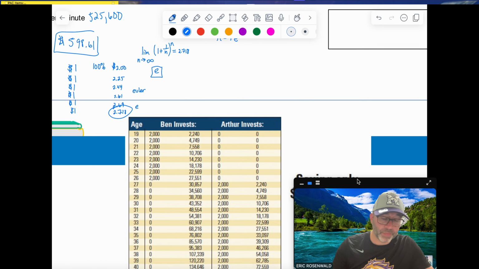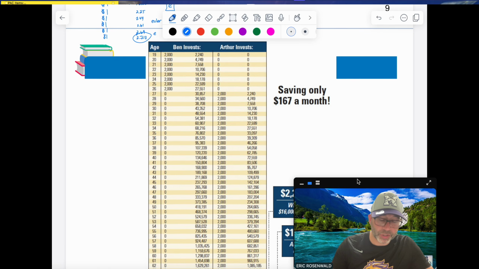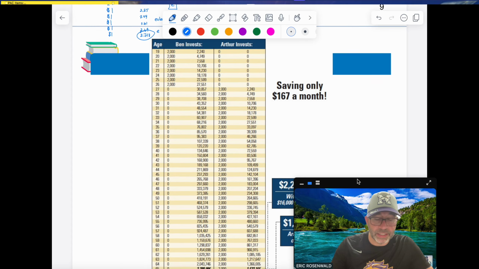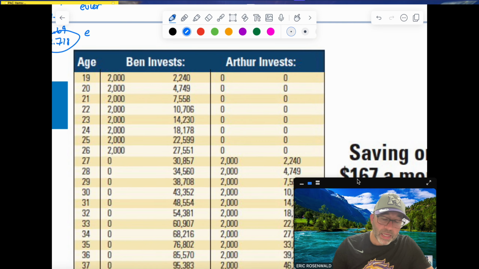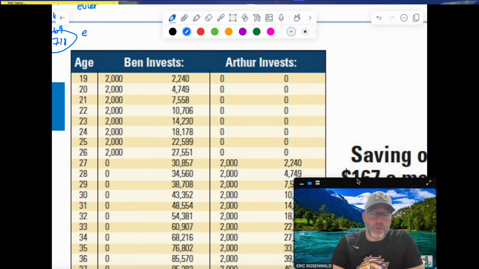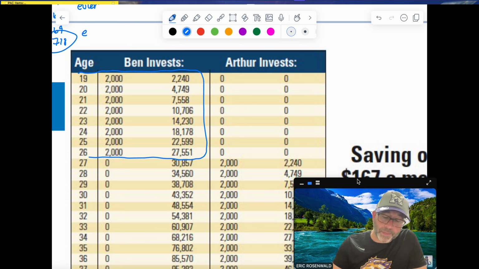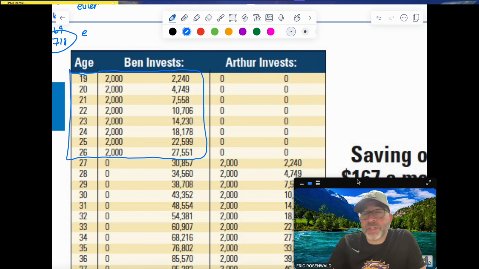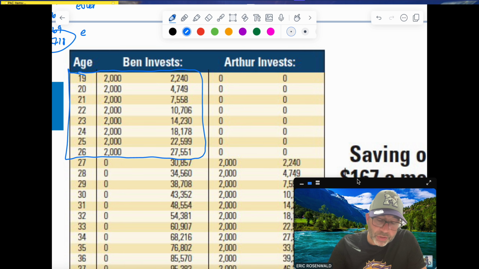So let's jump back into this final portion here, and the idea of investing. Let's look at two scenarios. Ben is somebody that invests, and he starts investing at the age of 19. At the age of 19, he puts in $2,000, and he does this for 8 years. So he's going to put in a total of $16,000. And he's going to be earning 12% interest.